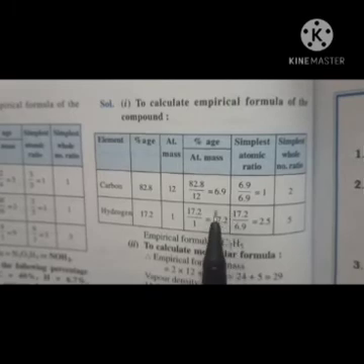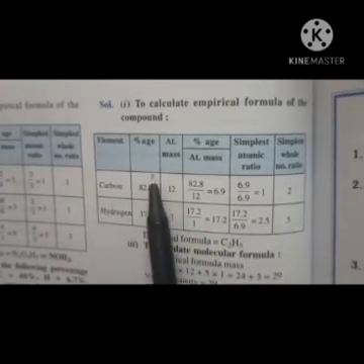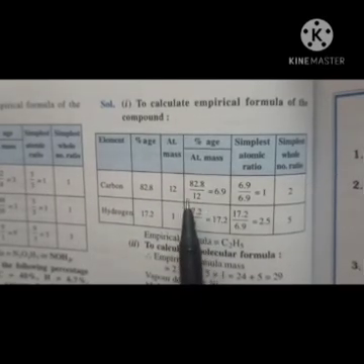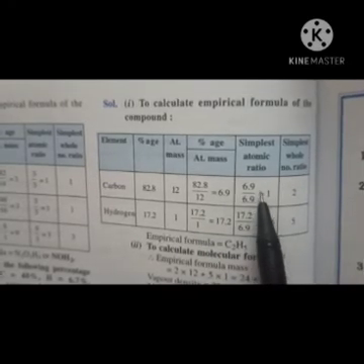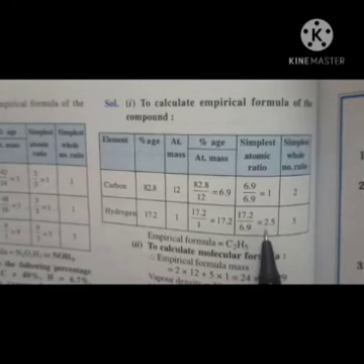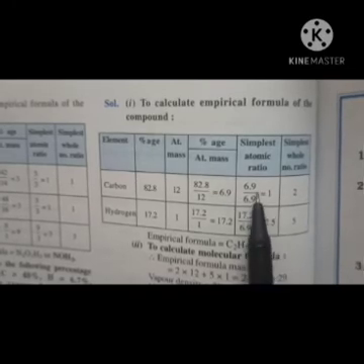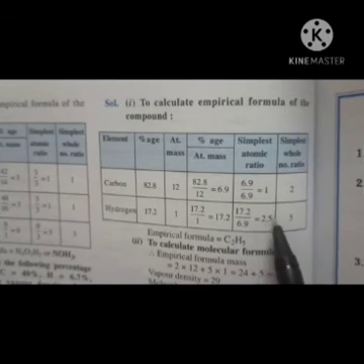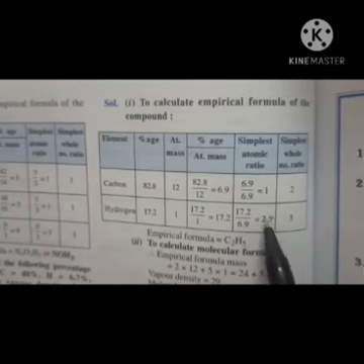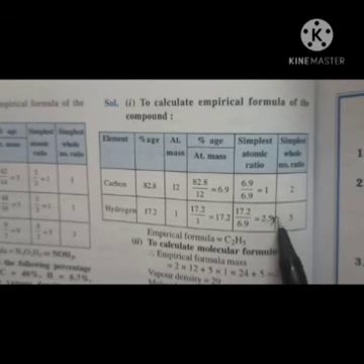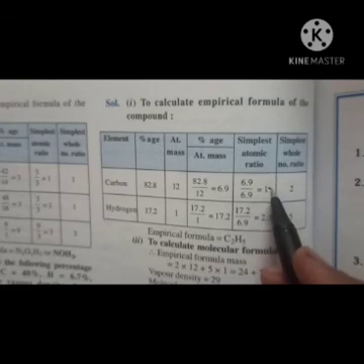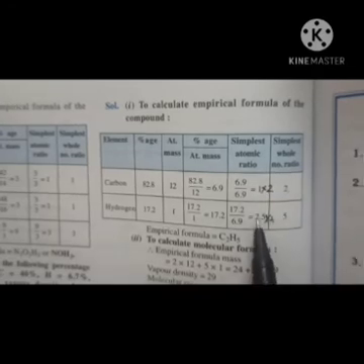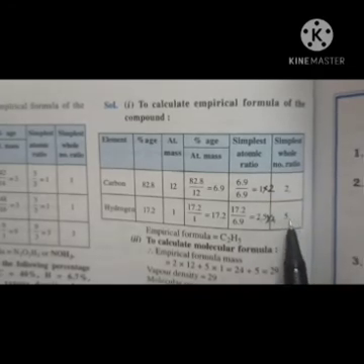One more thing I want to tell you. Suppose when you are finding the empirical formula, you have the percentage and atomic mass given, and you find the simplest atomic ratio, and you get, suppose, 2.5 here and 1 here. Then you multiply both numbers by 2 to make them whole numbers. So 2 ones are 2, and 2.5 into 2 is 5.